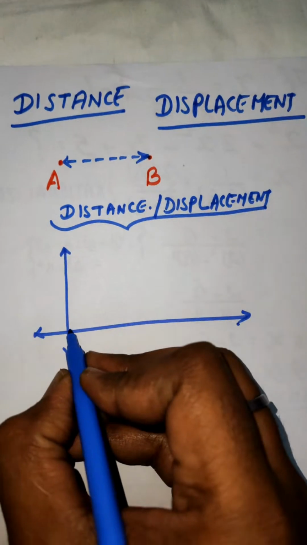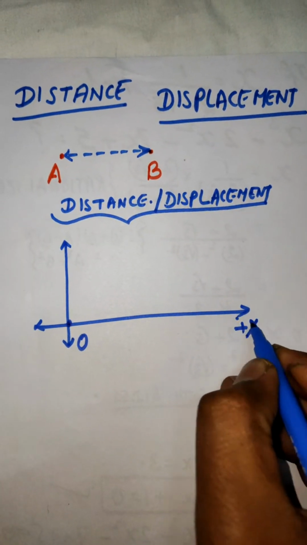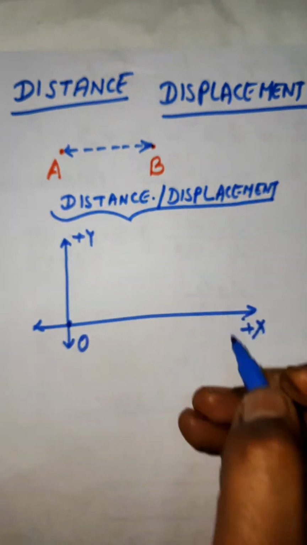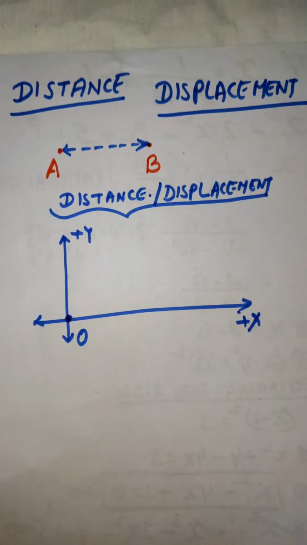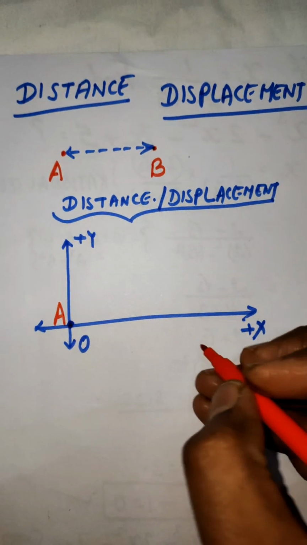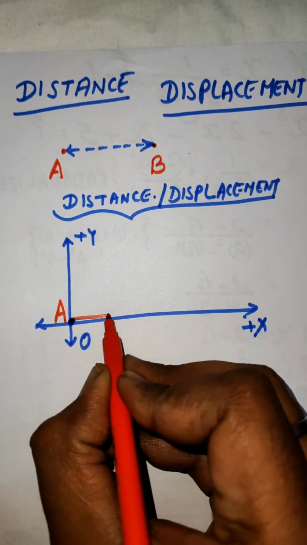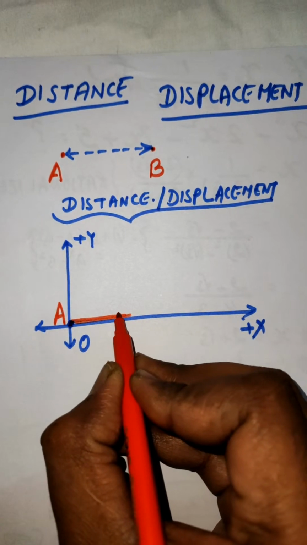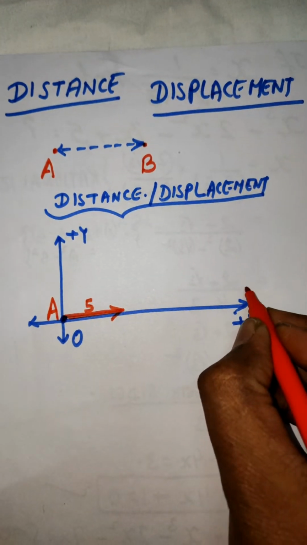Here this is the origin, this is plus x and this is plus y, and a person is standing at position A, at the origin, and he goes, let's say, 5 kilometer in the east, right?